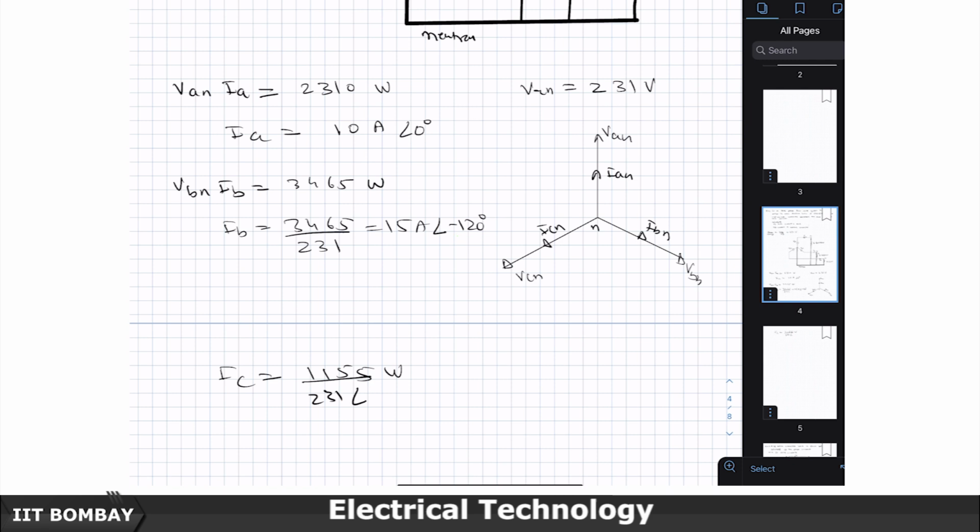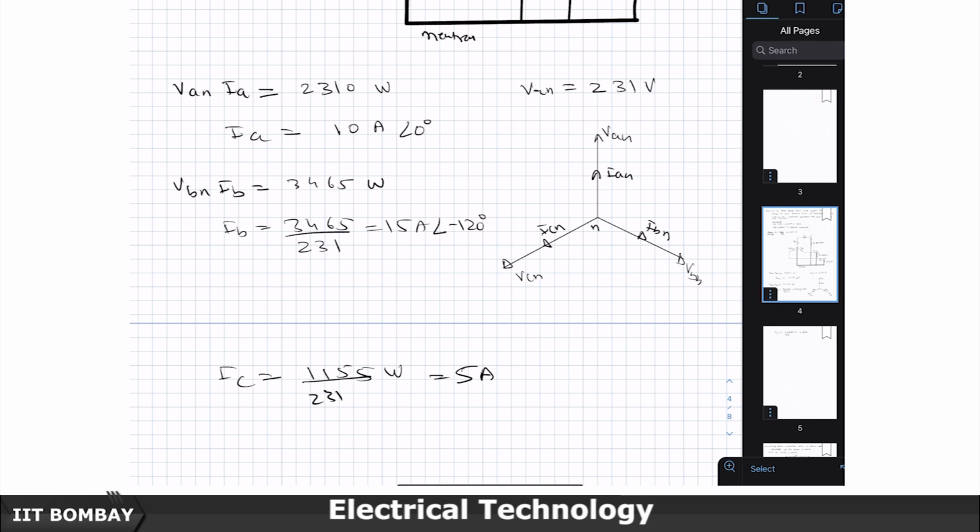Similarly, the magnitude of IC is going to be equal to the apparent power, which is 1155 only, since this is a unity power factor load and volt amperes and watts are the same, divided by the magnitude of VC, and this will turn out to be 5 amperes.